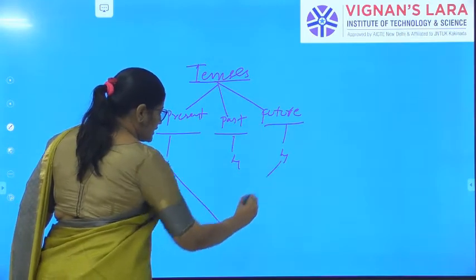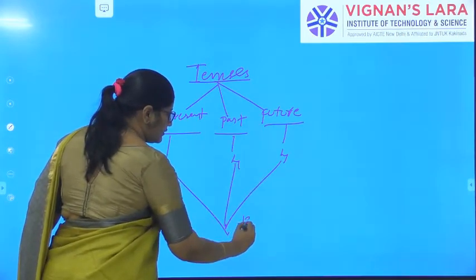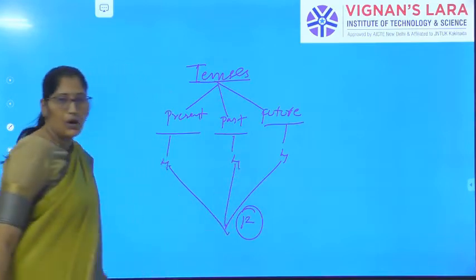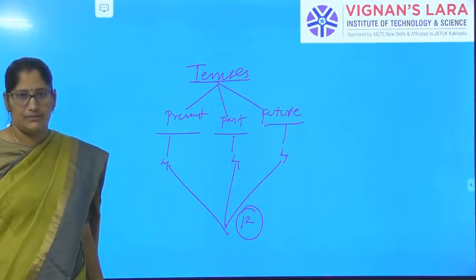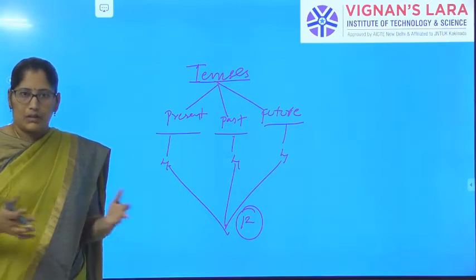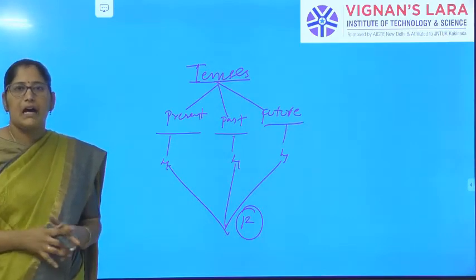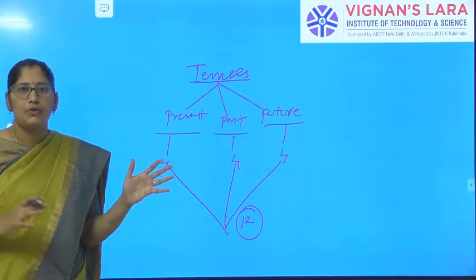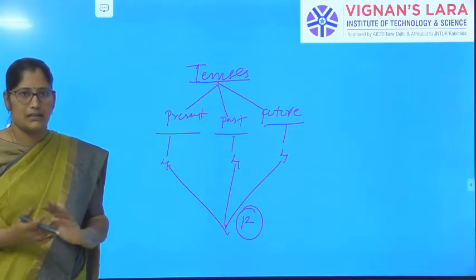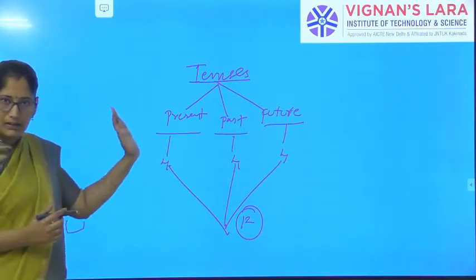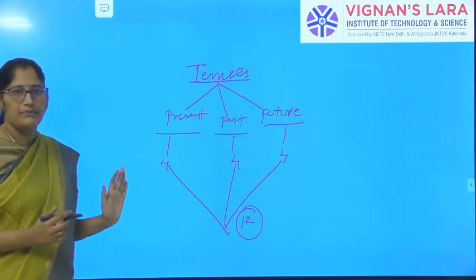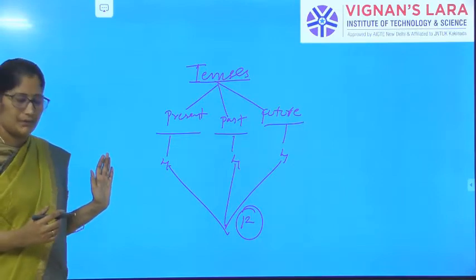Together we can merge it into 12. So altogether we have to learn 12 structures. What are the 12 structures and how can we use them in a sentence? Let us see. First we have to know about verbs.